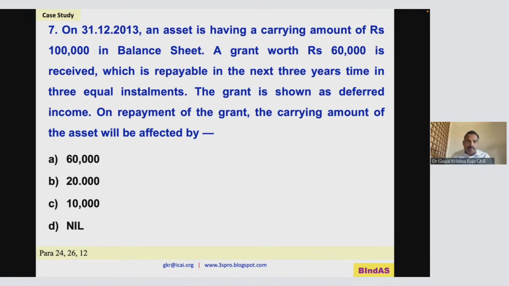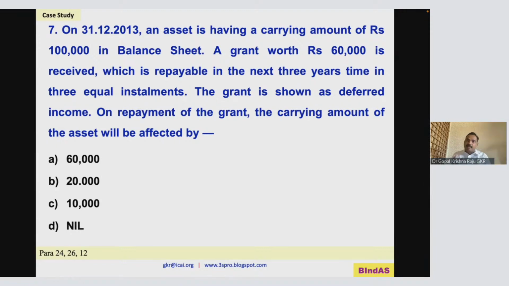Okay. So on repayment, now the grant worth 60,000 is received, which is repayable in the next 3 years. So if it is the capital approach, your asset will be only 40,000 and the 40,000 you will amortize over a period of a year. And what will be your carrying amount at the end? It will be nil. So either it is the asset approach, the capital approach, where you net it, or the grant you keep separately and amortize over a period of years.